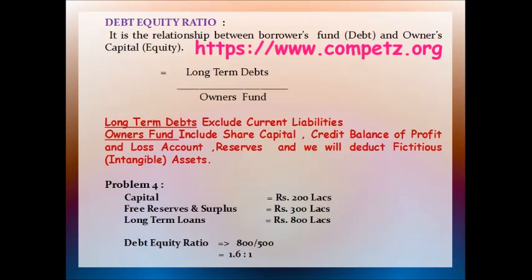What is solvency? The persons who have advanced money to the business on a long term basis are interested in the safety of their periodic payment of interest as well as repayment of principal amount at the end of the term or period.